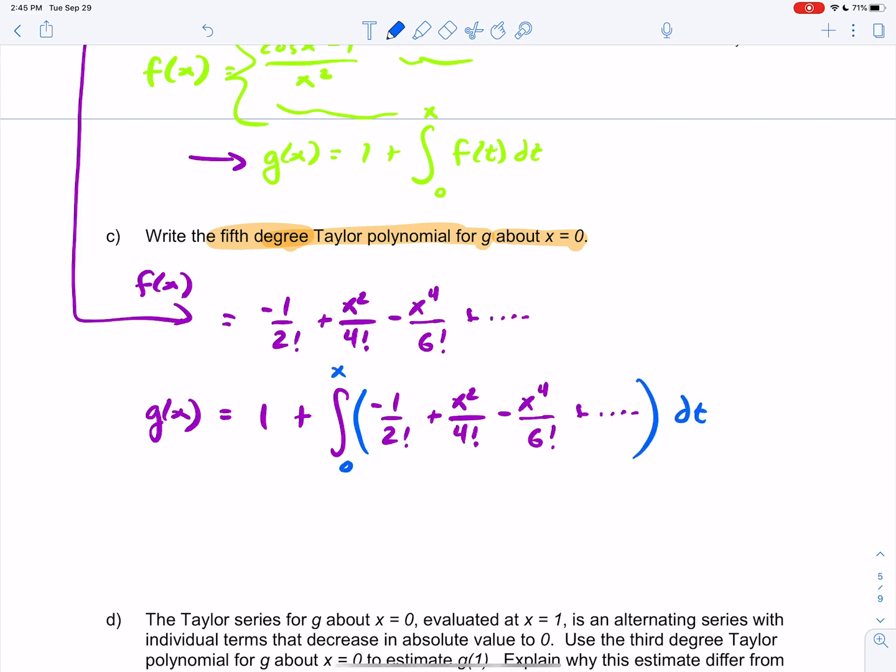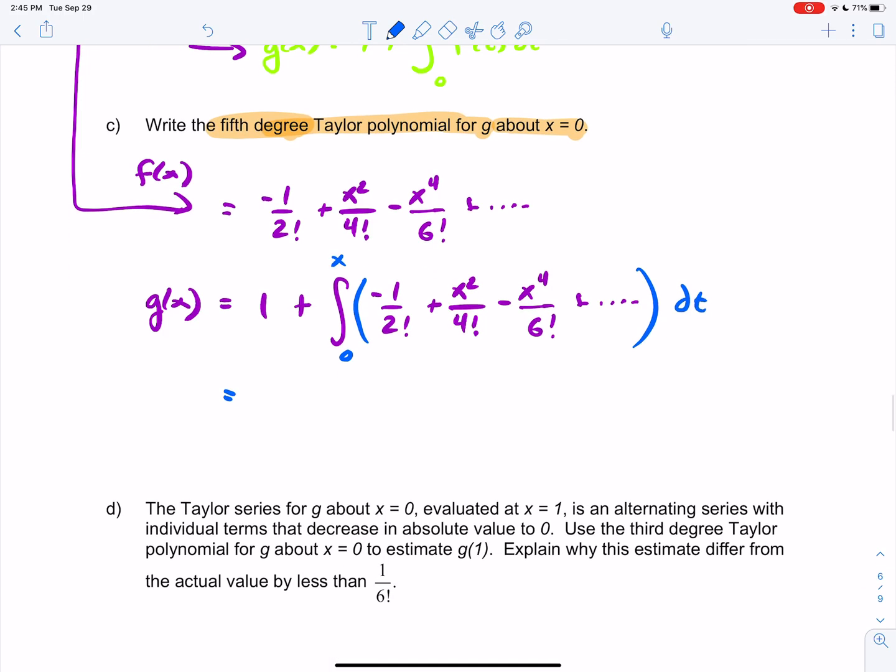dt 0 to x. Okay? So here's where we are. 1 I can just bring down, so that's going to be 1 plus. When you integrate, you should know how to integrate every term here. Negative 1 over 2 factorial. If you integrate a constant, it becomes negative x over 2 factorial.